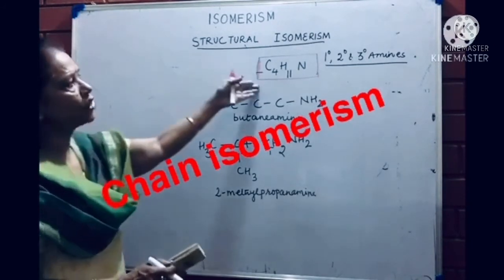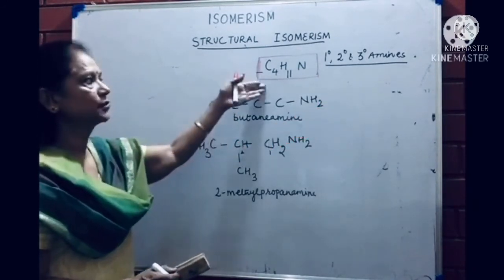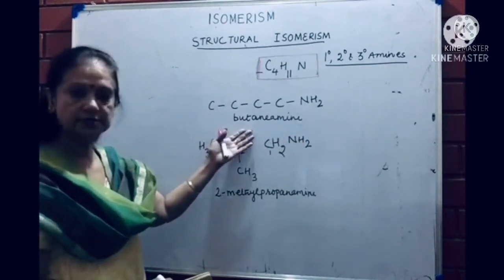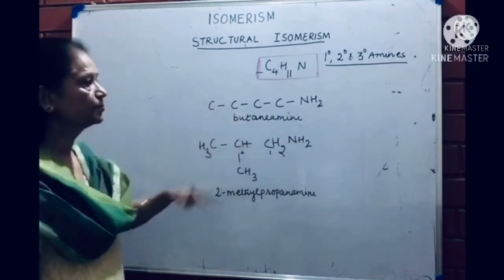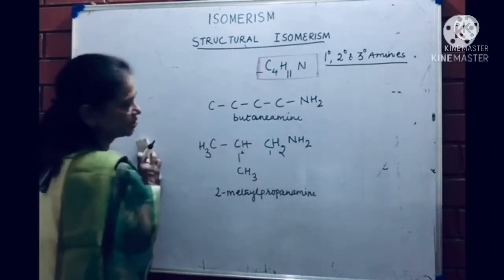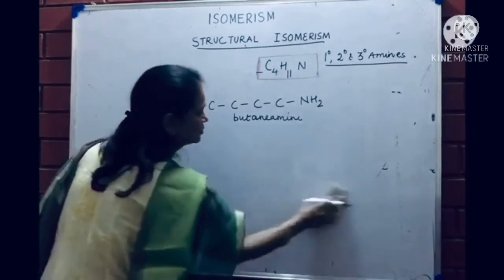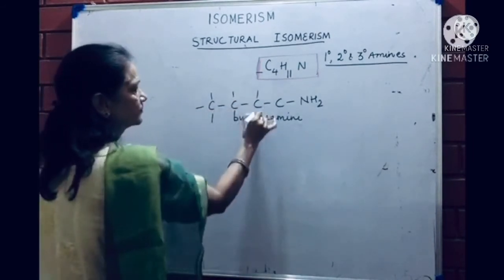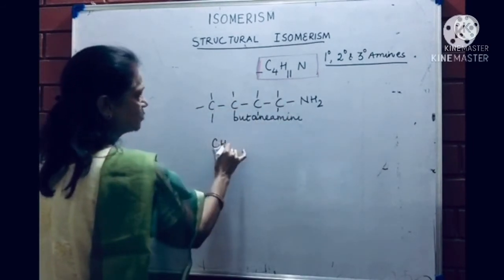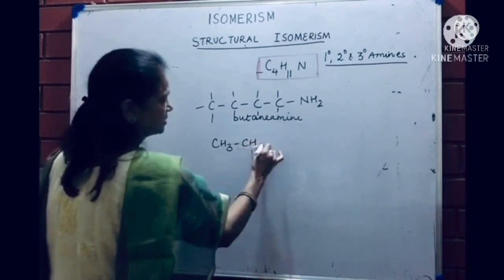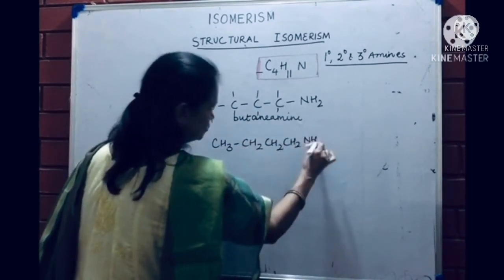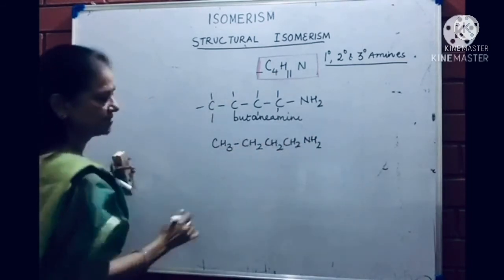So the same formula can be given to you and you can be asked to make functional isomers, chain isomers, or position isomers. Let me make a position isomer. If I want to make a position isomer, the first compound will remain the same. So the first compound is actually CH3, CH2, CH2, CH2 and NH2. NH2 is at place 1.